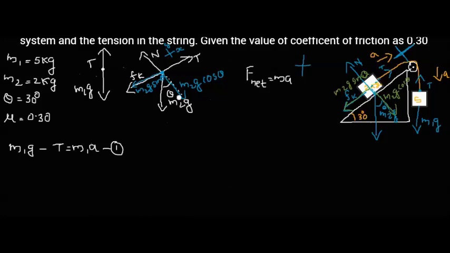One is the normal reaction and the other is m2g cos theta. And since the object is not having any acceleration along the vertical direction, the acceleration is 0. So when I am writing, this will be N minus m2g cos theta is equal to 0, or N is equal to m2g cos theta.